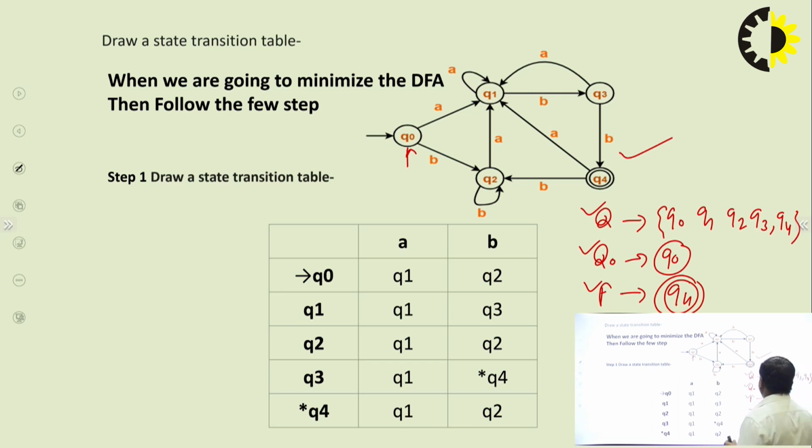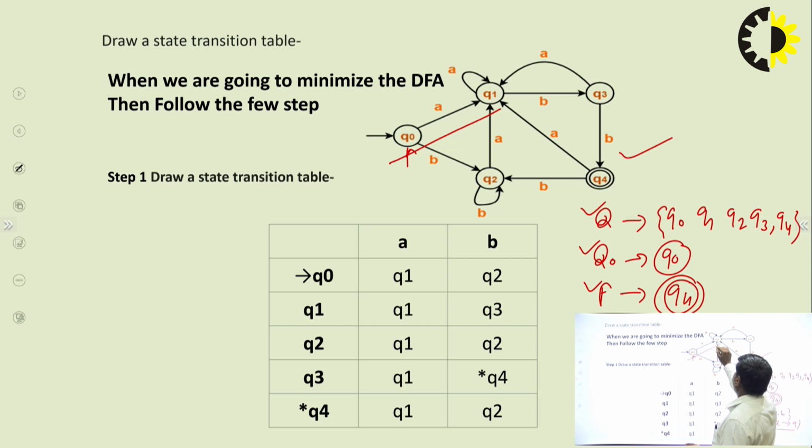And what is the transition function of this problem? We simply explain this transition. Now, what is this transition? From Q0, we take input A and move to state Q1. This is the transition function from this state to this state. Similarly, we can write the transition function from any state to another state.